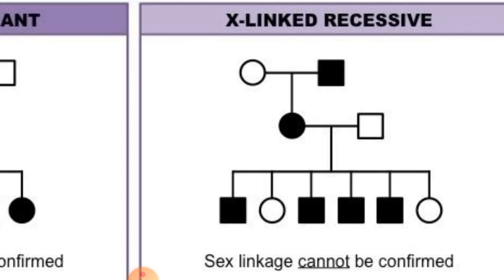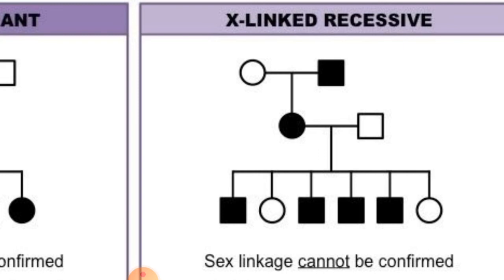This daughter marries an unaffected man and produces these six children, of whom all the males are affected, right? So from here you will understand the difference.